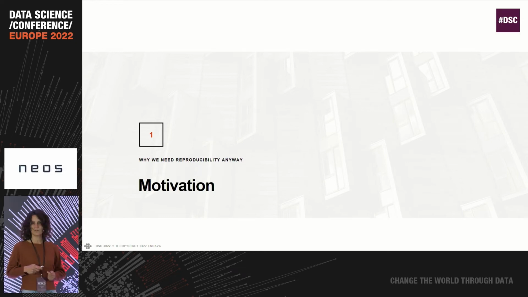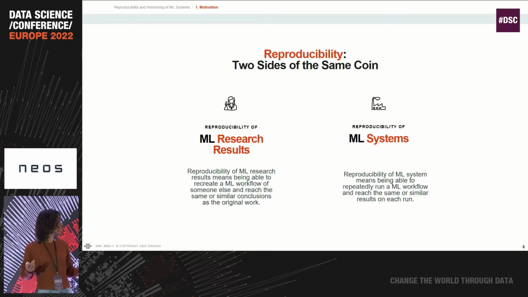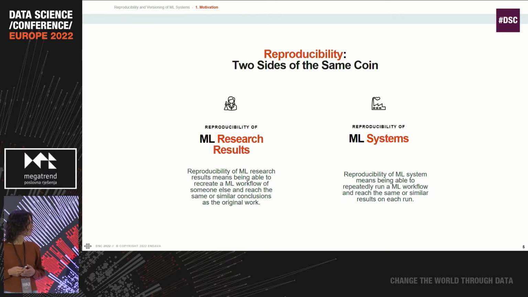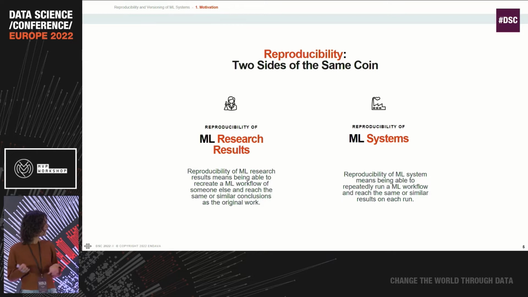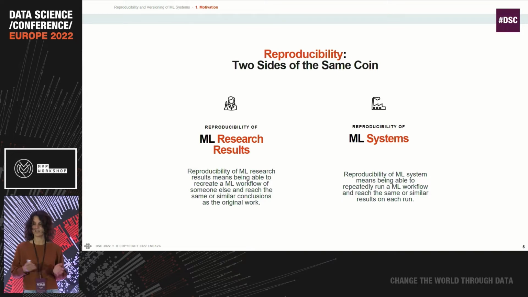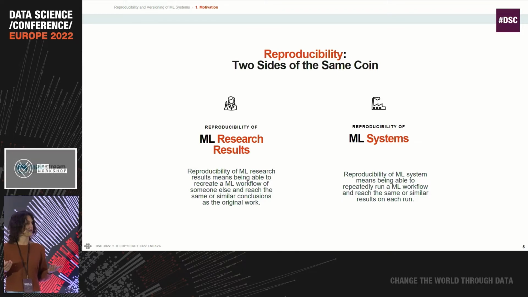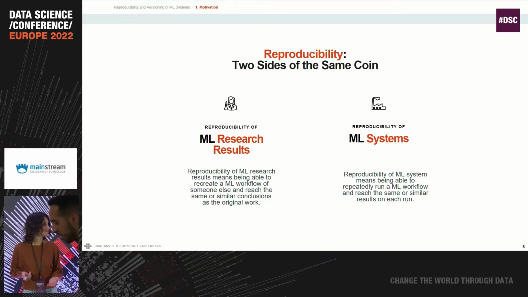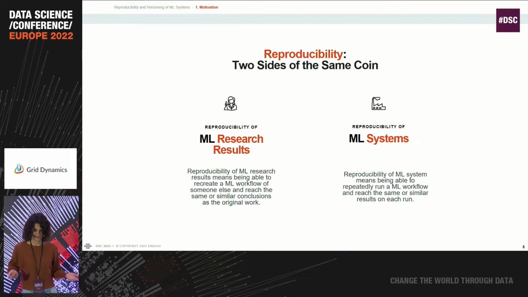Okay, so let's start with motivation. So what reproducibility is? We often hear about reproducibility in two different contexts. One in the context of machine learning research and the other one in the context of having machine learning, let's say, in production. So what are the differences and why does it basically mean the same thing?